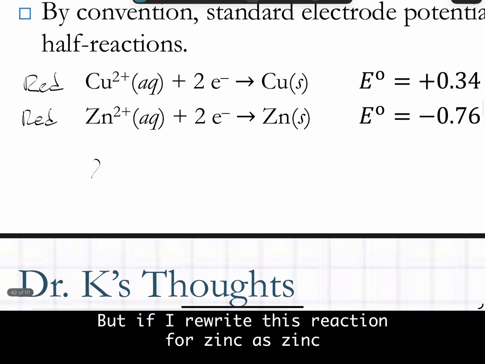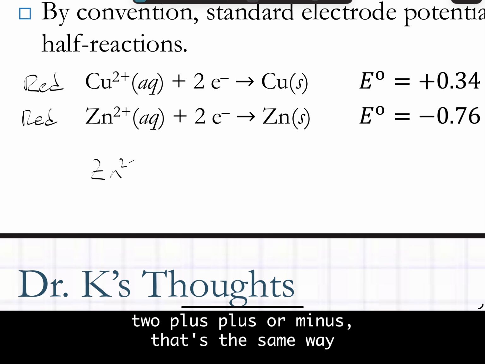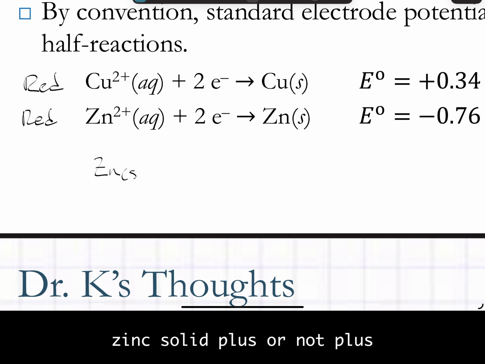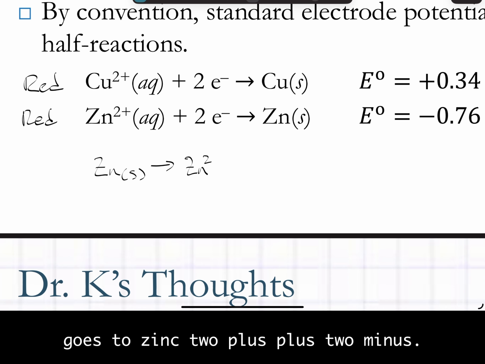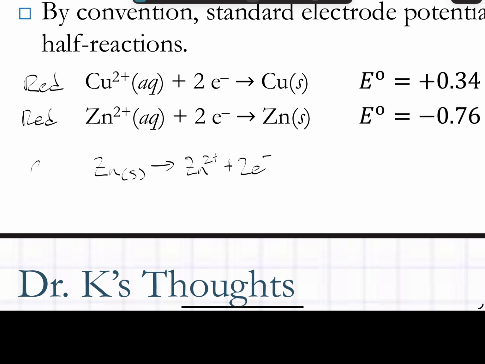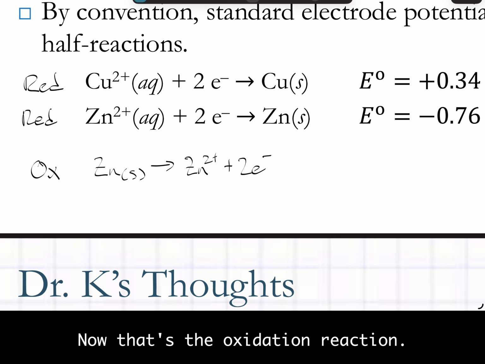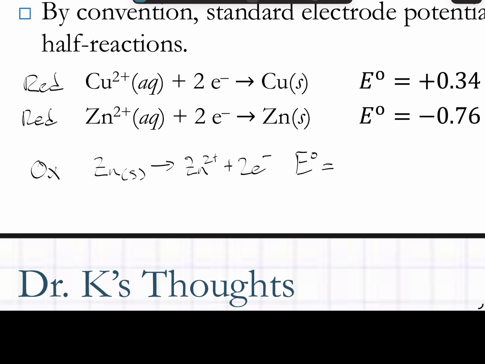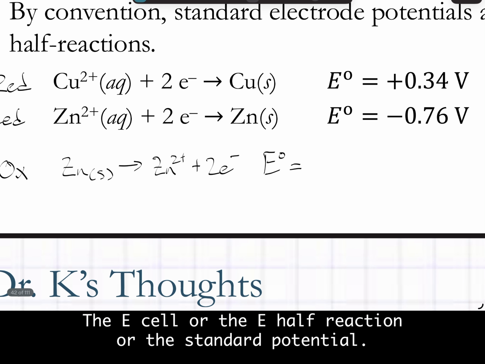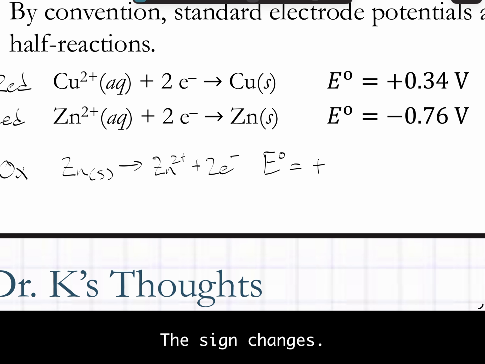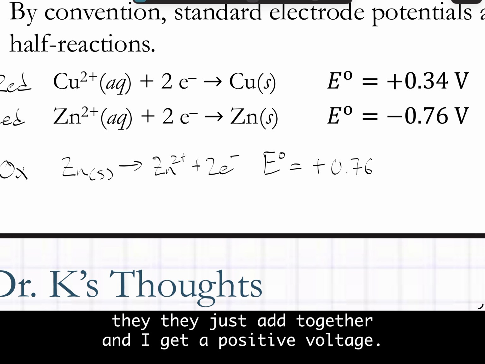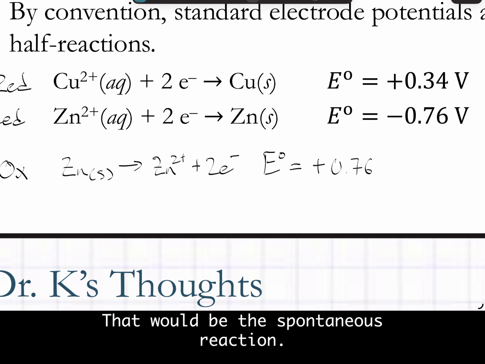But if I rewrite this reaction for zinc, zinc solid goes to zinc 2 plus plus 2 e minus, now that's the oxidation reaction. The standard potential for this, the sign changes. Now it's positive 0.76. Now when I add that to copper, they just add together and I get a positive voltage. That would be the spontaneous reaction.